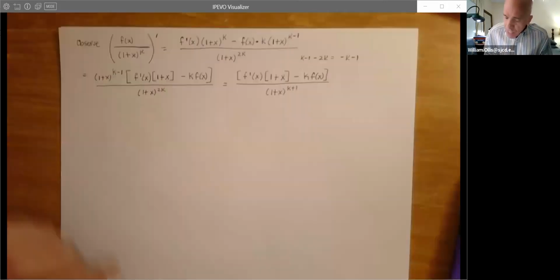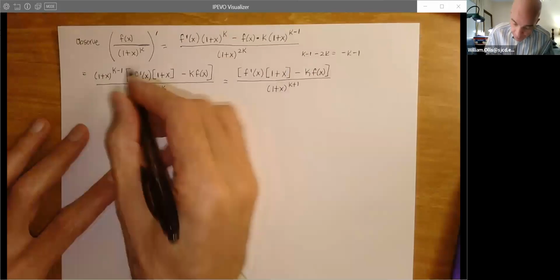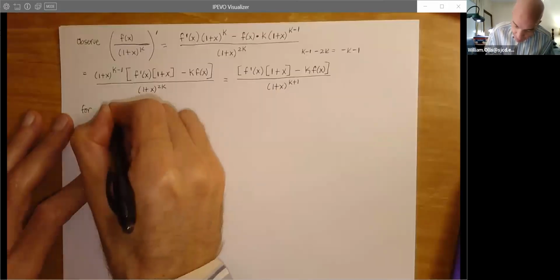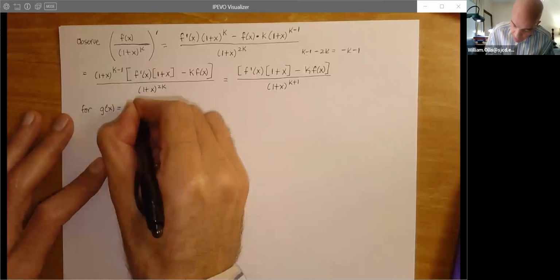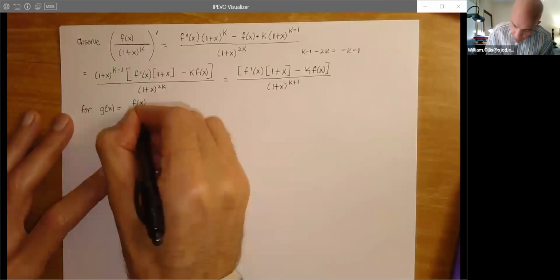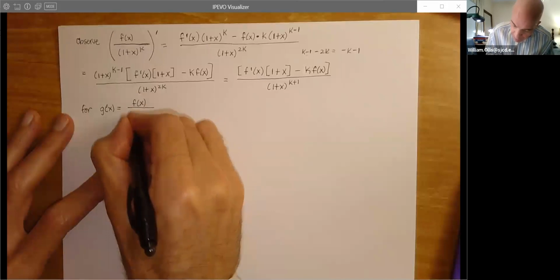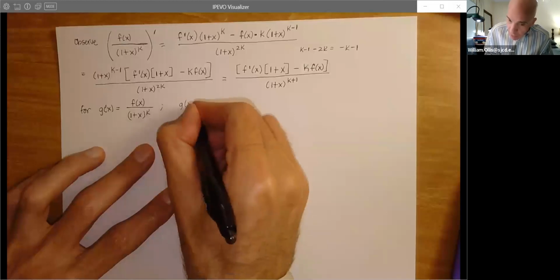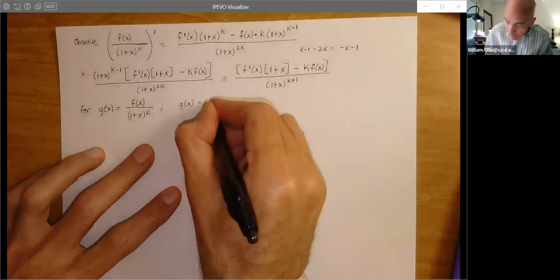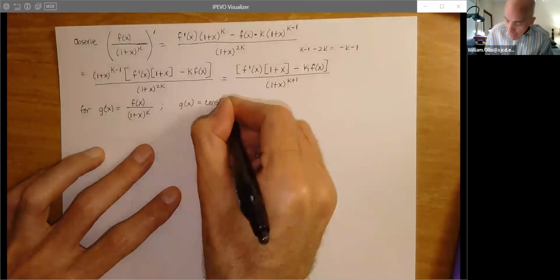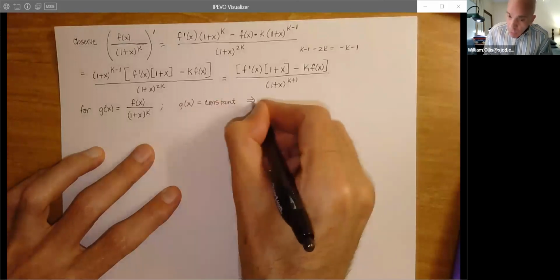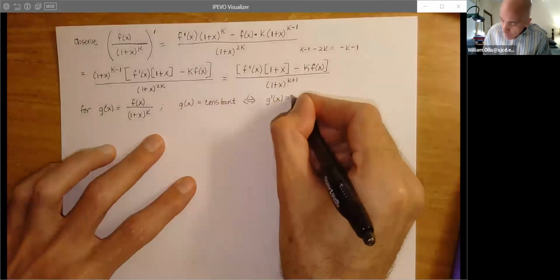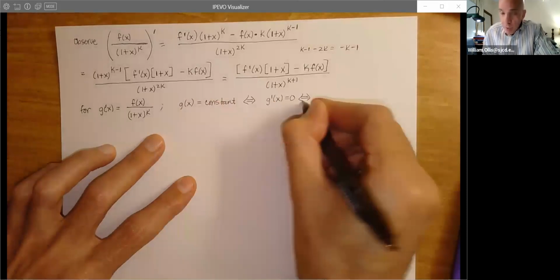Now, this is the key here. For g of x equals f of x divided by 1 plus x to the k, we know this: g of x is a constant if and only if its derivative is 0, if and only if the numerator here is 0.